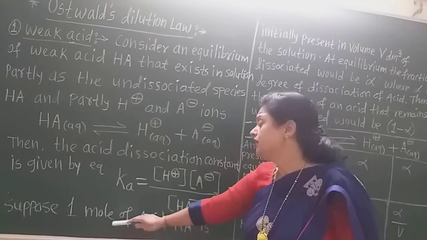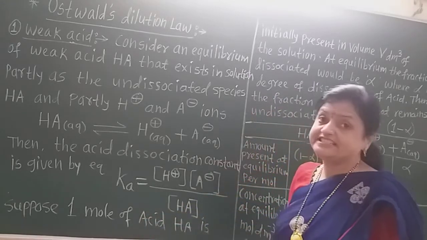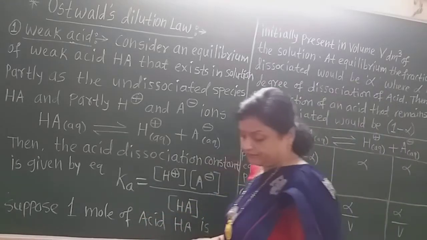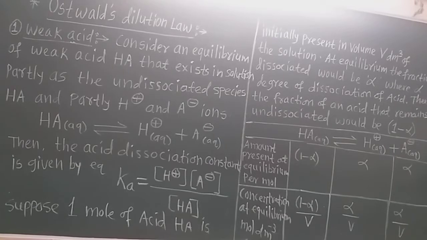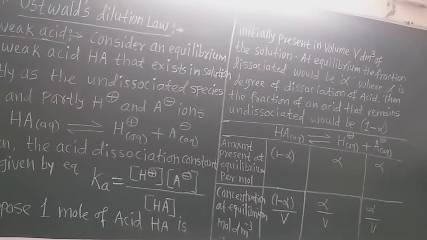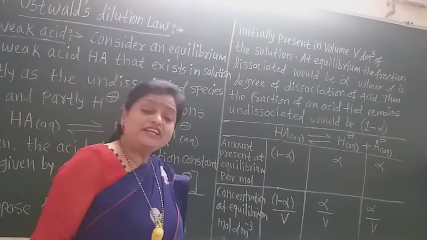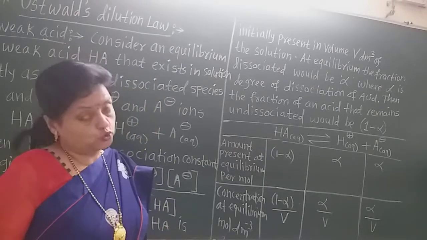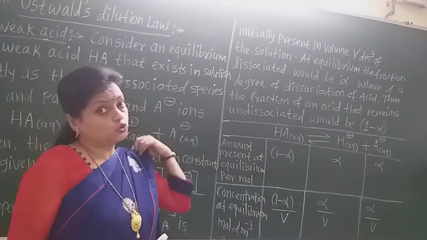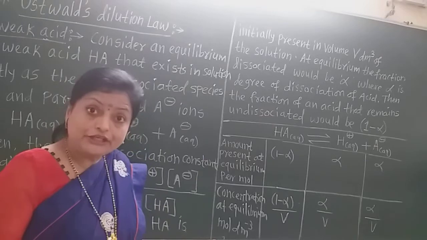Now suppose only 1 mole of acid HA is taken initially. So initially we take only 1 mole of the weak acid HA present in the volume V decimeter cube of the solution. Suppose the volume of the solution is capital V decimeter cube.